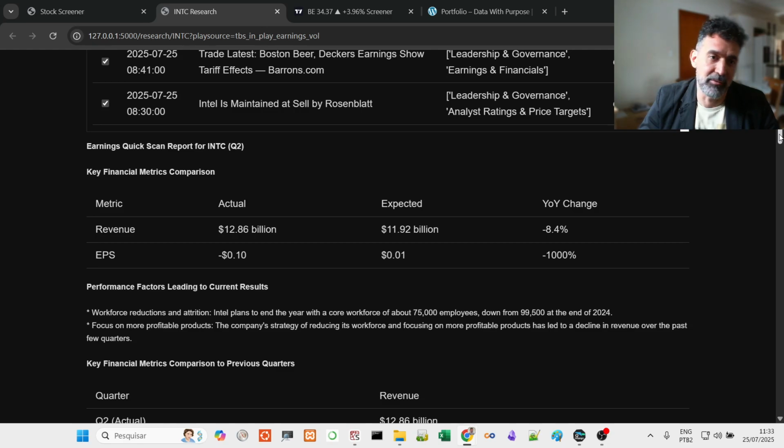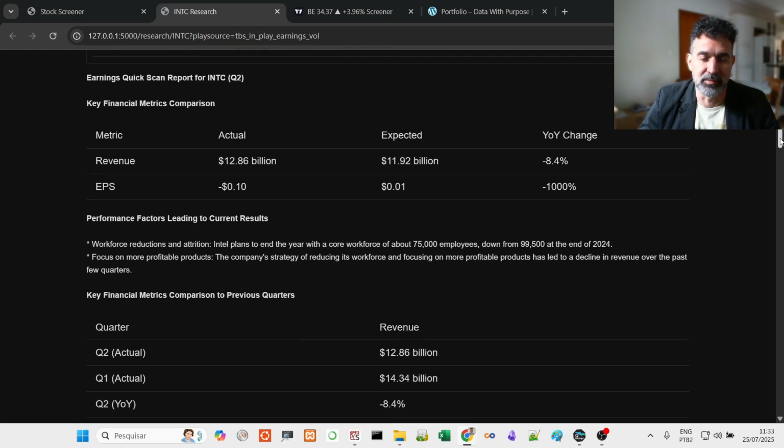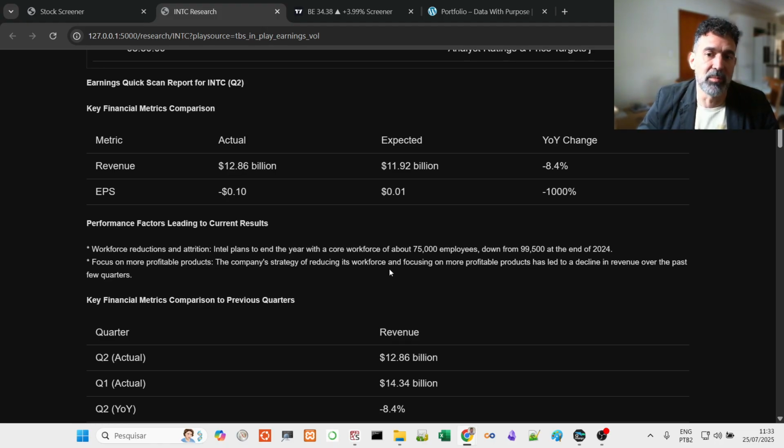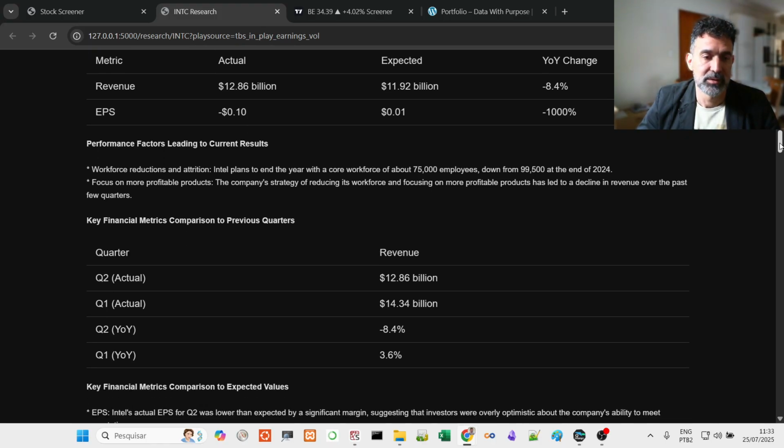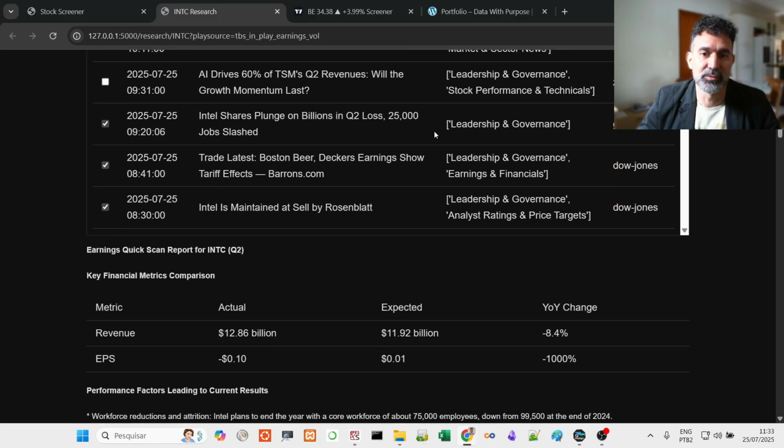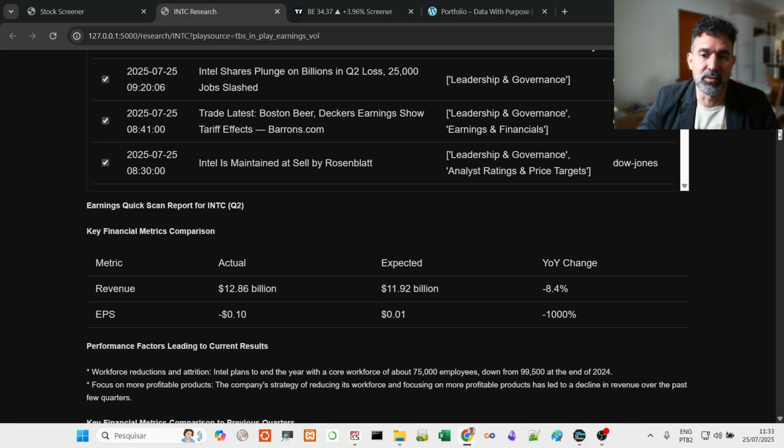Right here, I already ran it because it takes a little bit, like 2 or 3 minutes to run, depending on how many news items you choose. It provides a summary of the relevant news, so you don't have to go to every news piece of information to know what's going on.